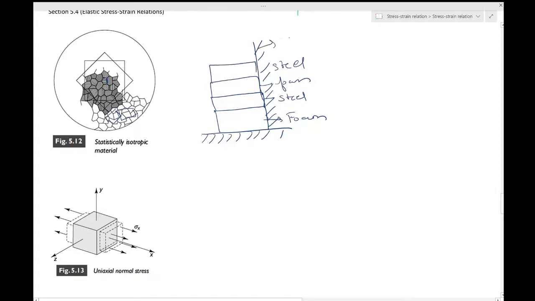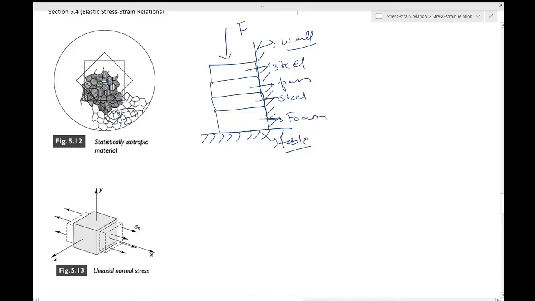So this is a wall, this is perhaps a table, or your platform in the kitchen, whatever works. So you have steel, foam, steel, foam. Now apply a force F whatever way you can. One easy way is to keep your mobile phone or some weight on it, or even by your hand you can do this.